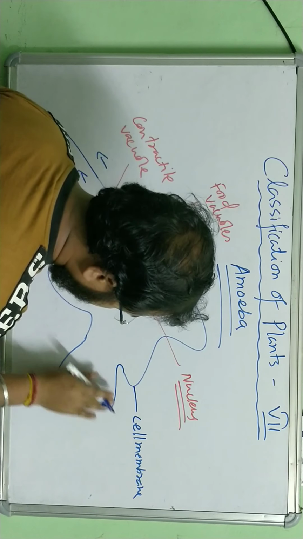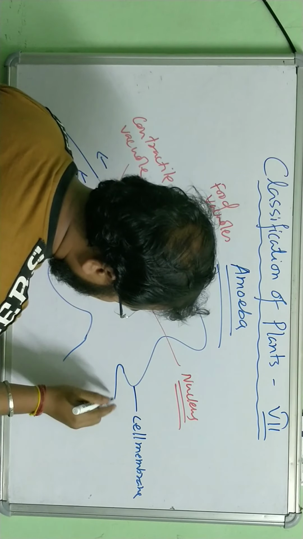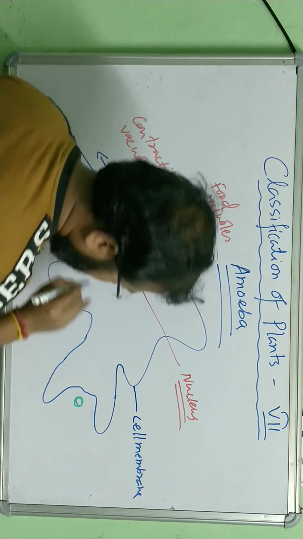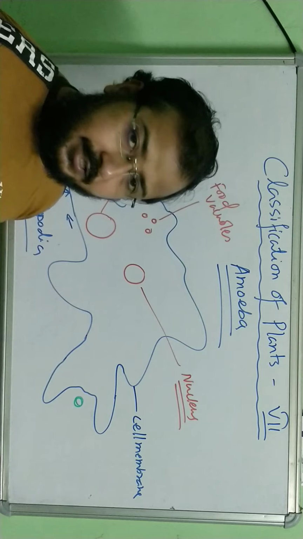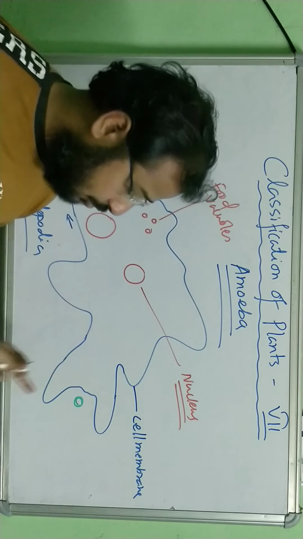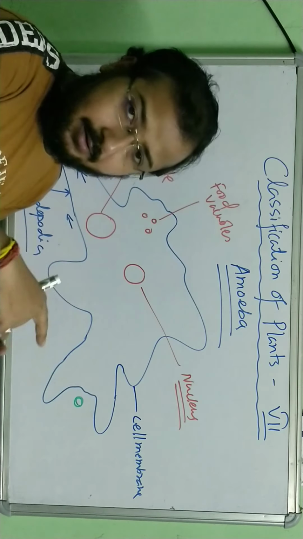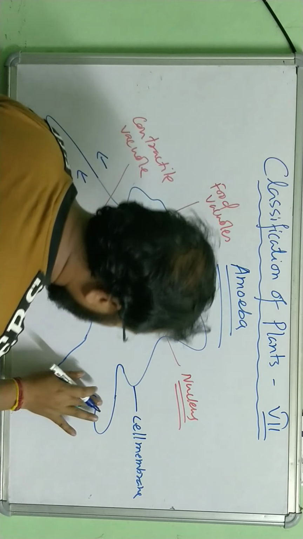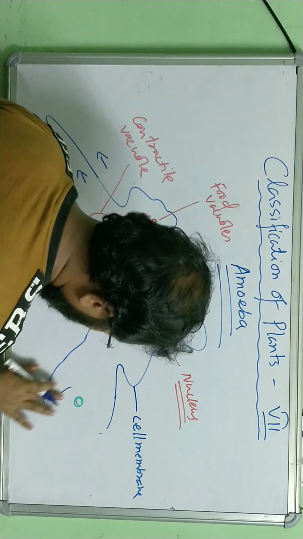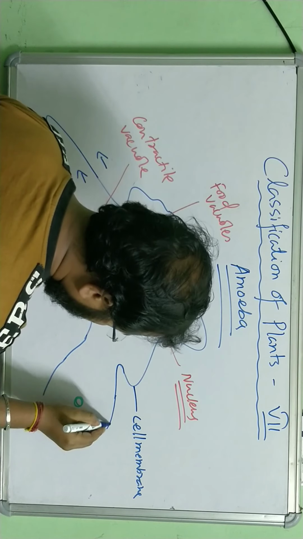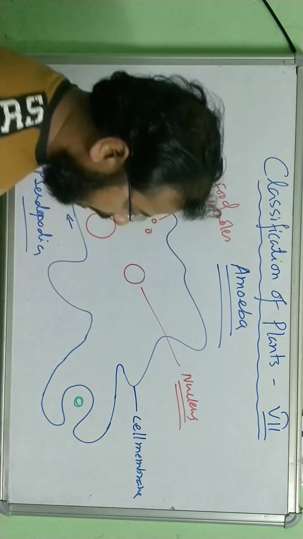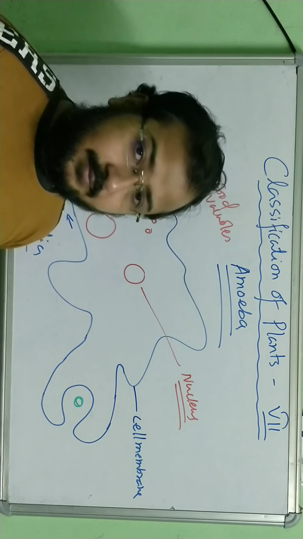So the next step, see, this pseudopodia is moving closer to the food substances. And then what will happen? Some little bit changes will be here. See how the change is taking place.